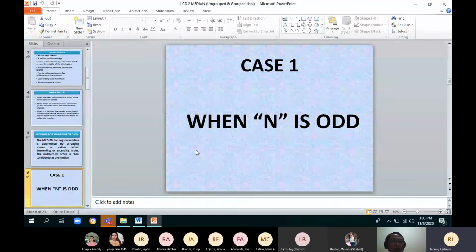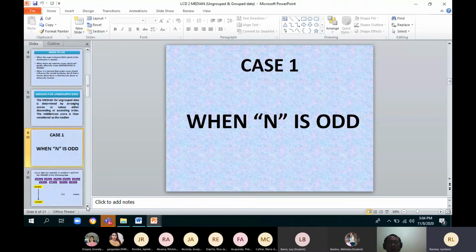Meaning to say, the number of items is odd. Like for example, 1, 3, 5, 7, 9, 11, 13. The data are odd numbers. So how do you find the median of the given distribution?